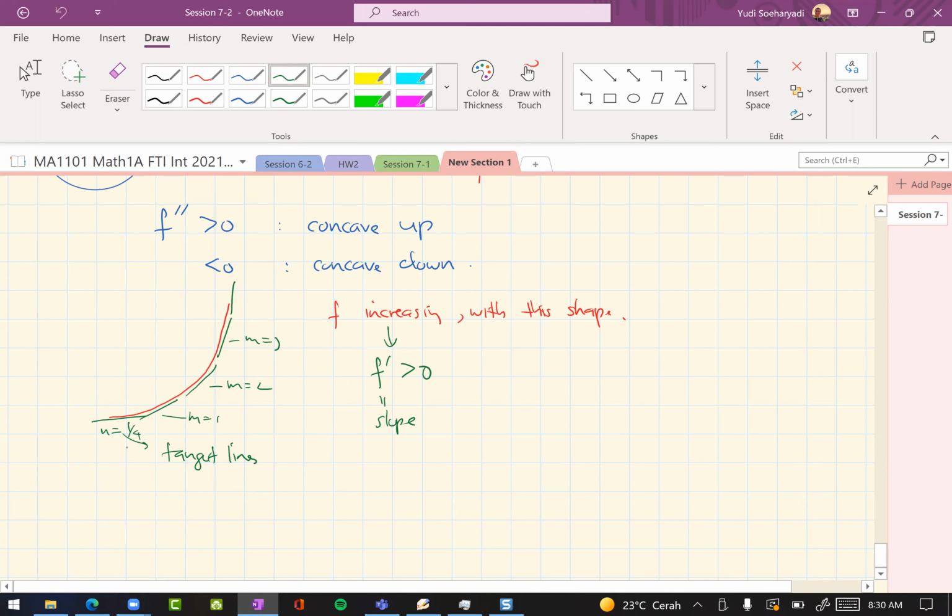So what else can you say about the slope? The slope gets bigger. It gets larger and larger. So that's when the slope is not only positive but increasing.